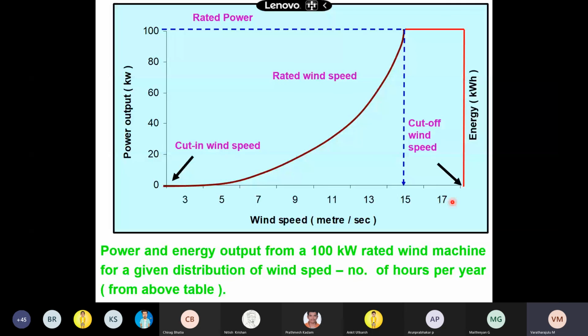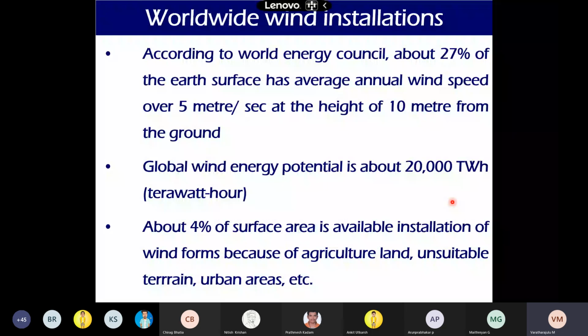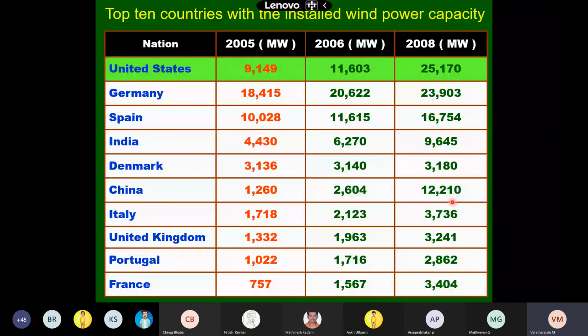See the worldwide wind installation capacities, the top 10 countries with installed wind power capacity. At the top, concerning 2018, it was 25,170 megawatt, and we were in the fourth place with 9,645 megawatt during 2008. And wind turbine sizing systems, and that's all about the wind turbines.